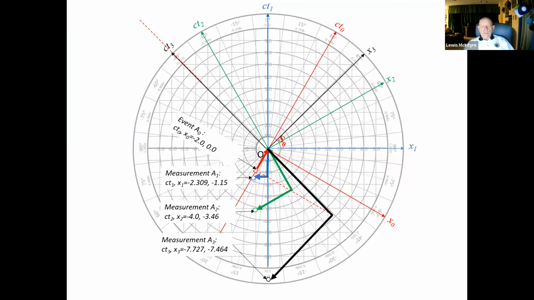Let's relocate event A0 at CT0 minus 2. Since the CT and X components of all of the measurements are directly proportional to CT0, they will have the same value as in the preceding case, but with negative sign.